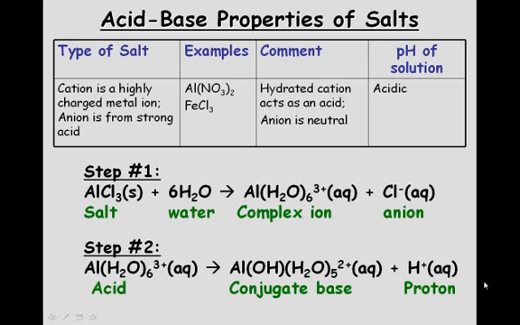Now, this highly charged cation in this complex then will also produce a conjugate base and give up a proton. So these types of metals will complex with water and with hydroxide, and then you'll end up with an H+ being produced, and so therefore the solution ends up being acidic.